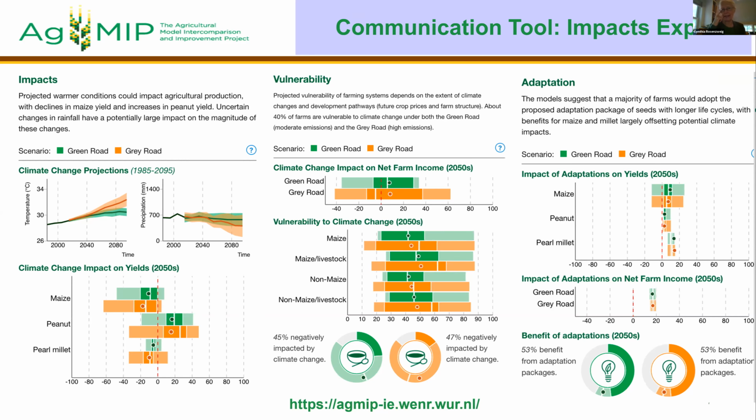And the Impacts Explorer presents impacts like the climate change projections, the impacts on yields, what's the vulnerability, the climate change impact on net farm income, the vulnerability to climate change in regard to poverty level.